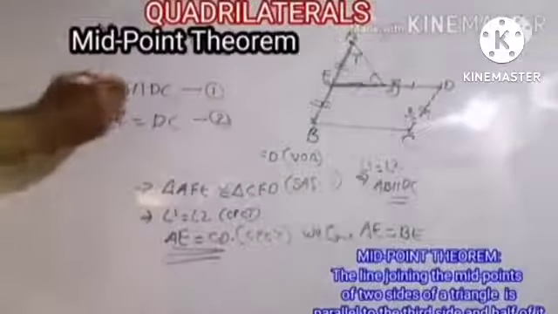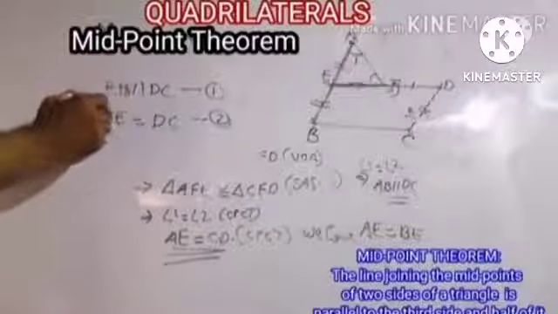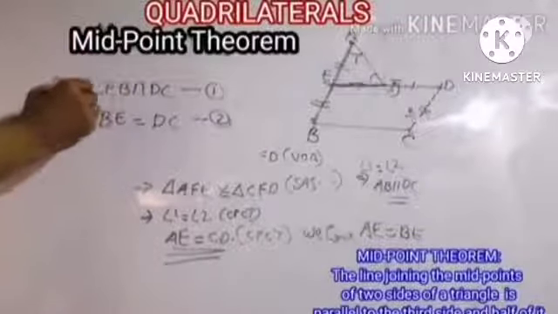So now consider 1 and 2. In 1, EB means BE; EB and BE are the same.